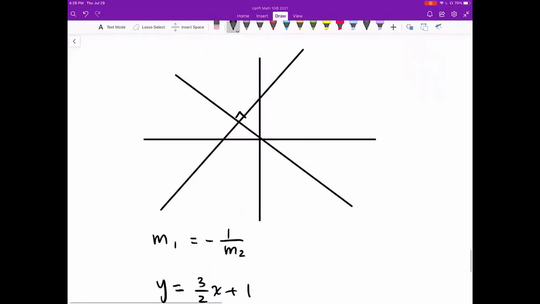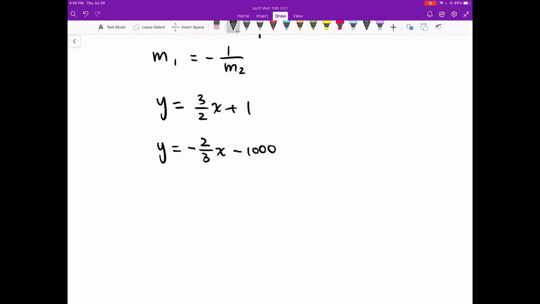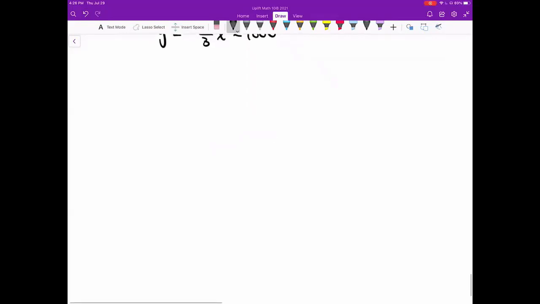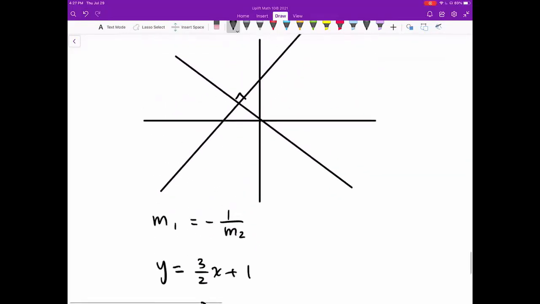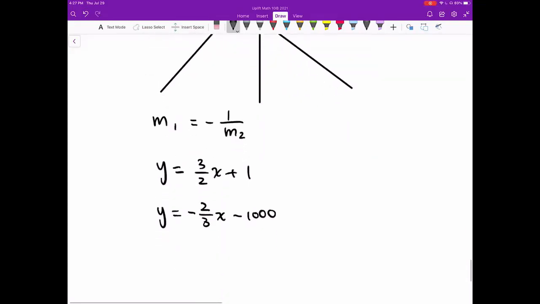Oh yeah, so for parallel lines, it doesn't matter what their b value is. I can change this to negative 1,000 and they'll still be parallel. Only the slope matters. And in perpendicular lines, the b value also does not matter.